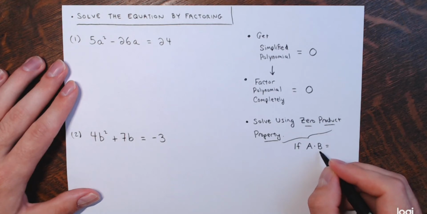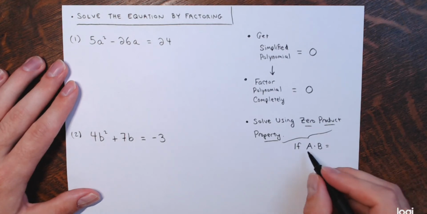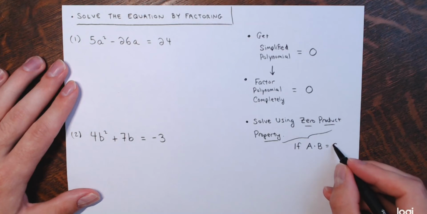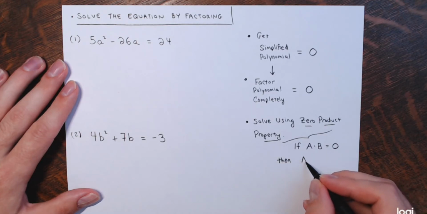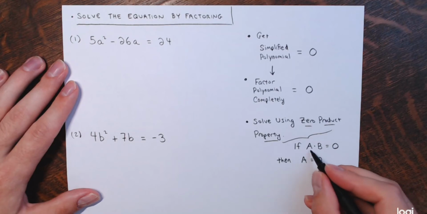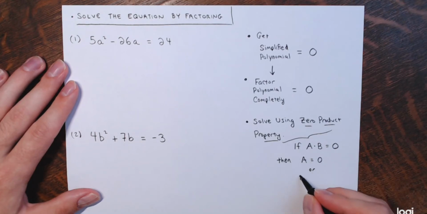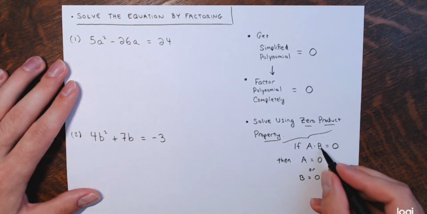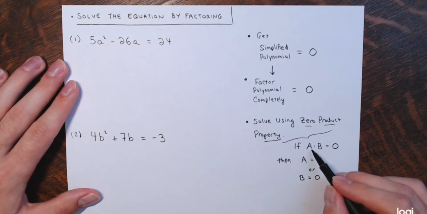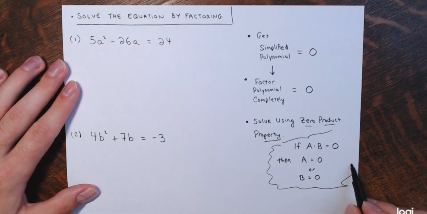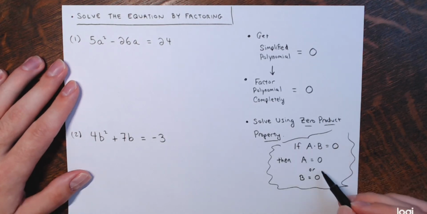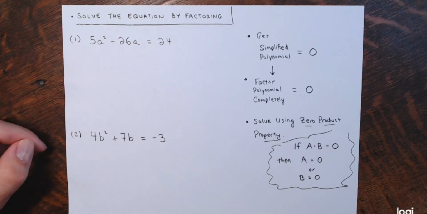It could be a product with 3 factors, 4 factors. But if you have a product equal to 0, and only 0, this only works for 0, then at least one of the factors is 0. So either A is 0 or B is 0. Or they could both be 0, but at least one of the factors of the product is 0. So you're going to use this and then solve these separate equations and then check your solutions back in the original.